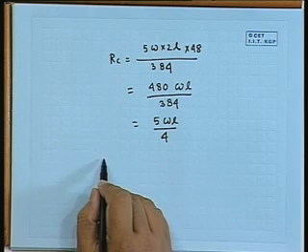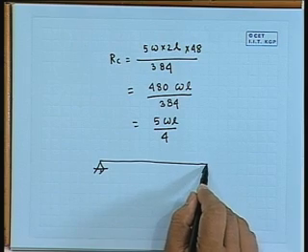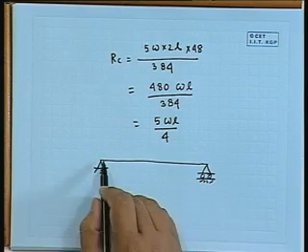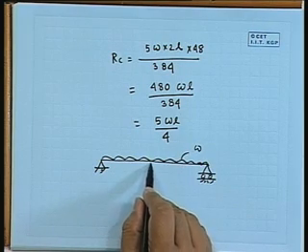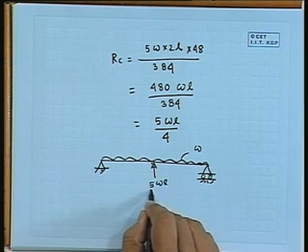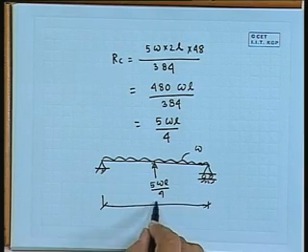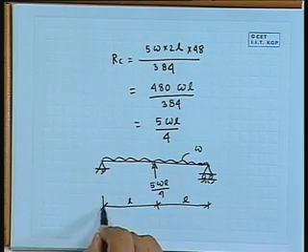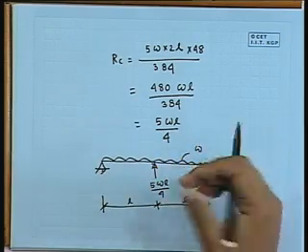Now I can draw the beam again. It will be 5 omega L by 4, and total length is equal to your L and L, so twice L. So the support we have first replaced in the form of some reactive force unknown RC, and that RC we got 5 omega L divided by 4.